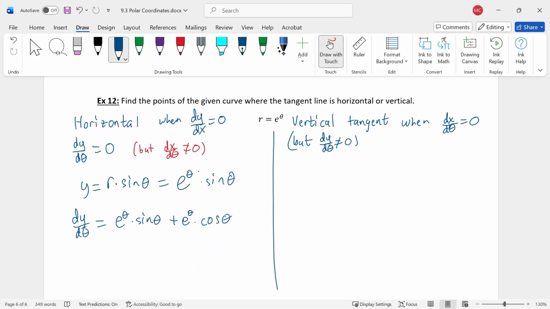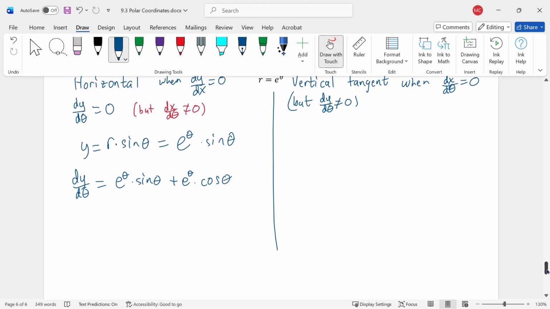Of course, it's the same thing. Okay, so I want to know when this is 0. Well, that would be when e^θ sine of θ equals negative e^θ times cosine of θ. Now, since e^θ can never be 0, we can divide that out and cancel. That means this is only going to happen when sine of θ is equal to negative cosine of θ.